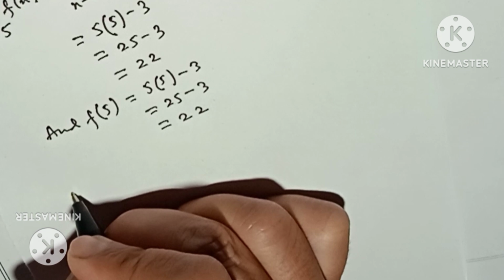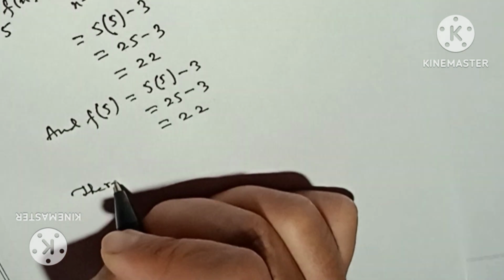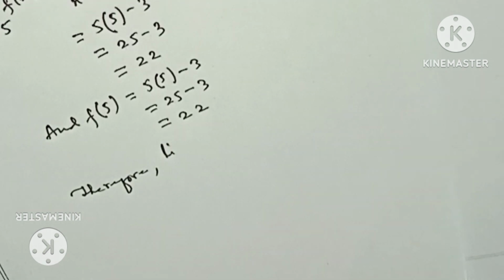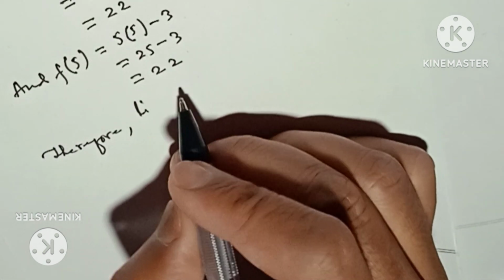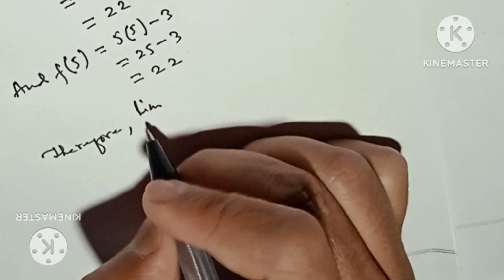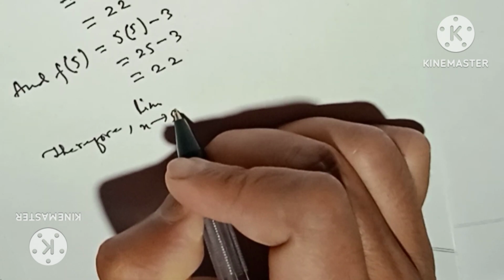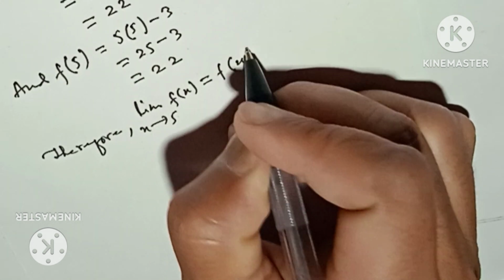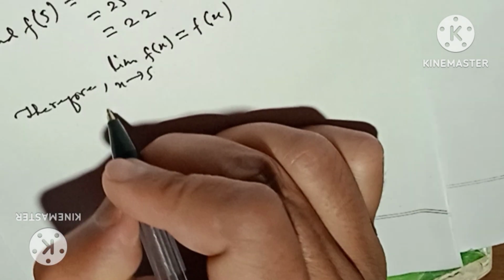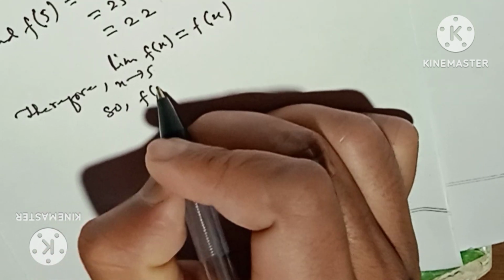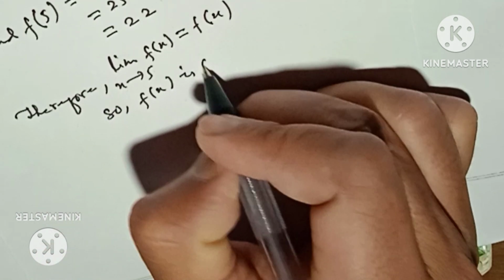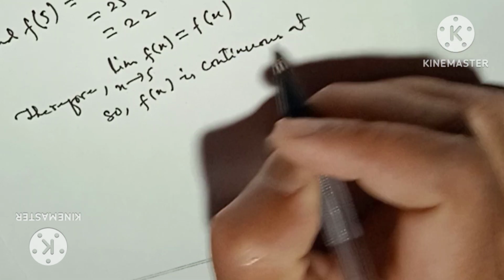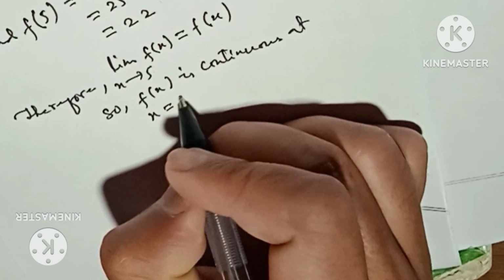Therefore limit x tends to 5 of f of x is equal to f of 5. So f of x is continuous at x equal to 5.